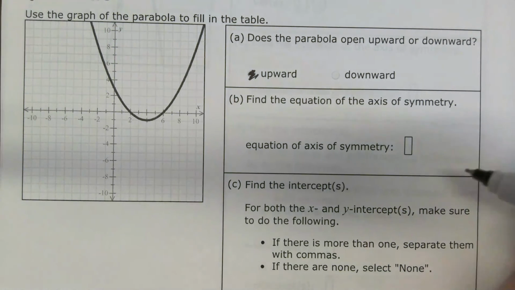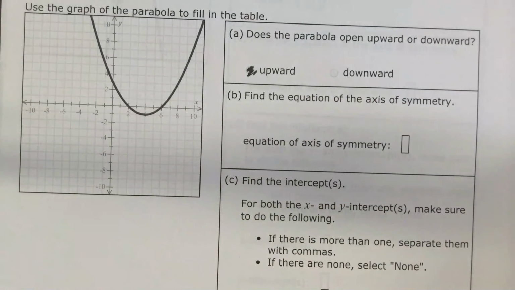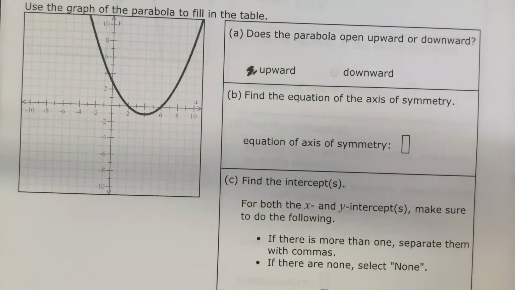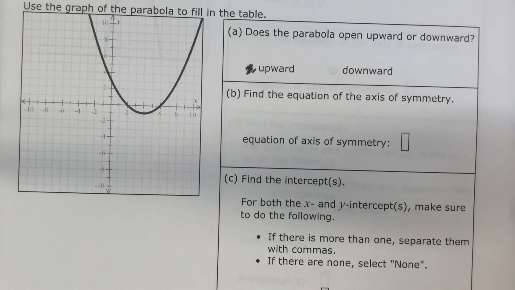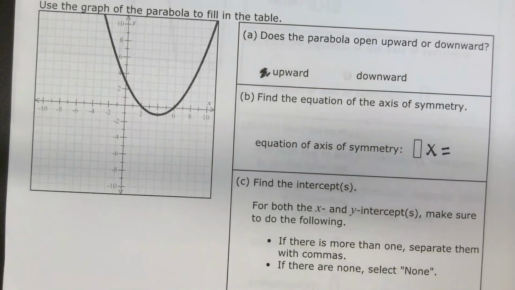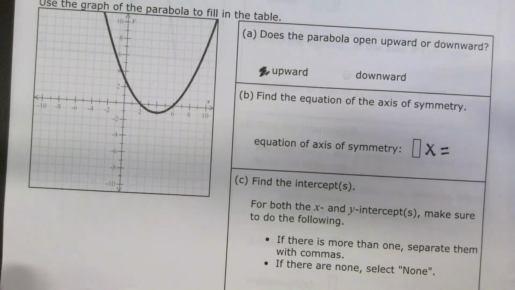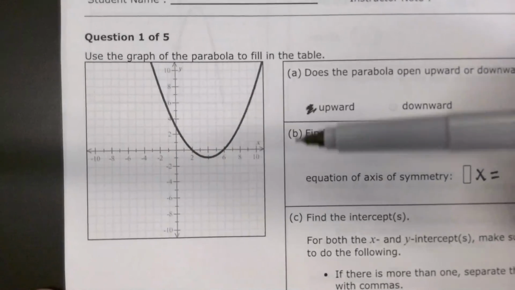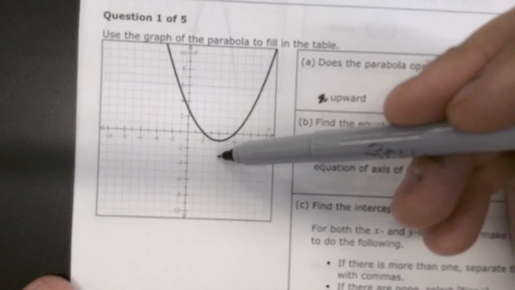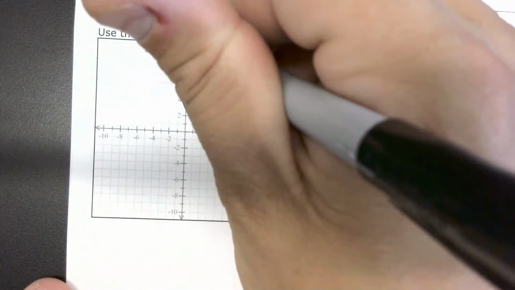Now look at this. It says the equation of the axis of symmetry. The axis of symmetry is always what? X equals. You have to put X equals. If you look at this graph, the axis of symmetry is the line that cuts the parabola in half.